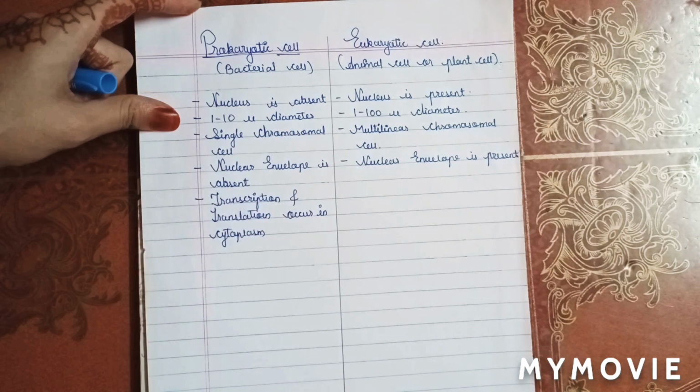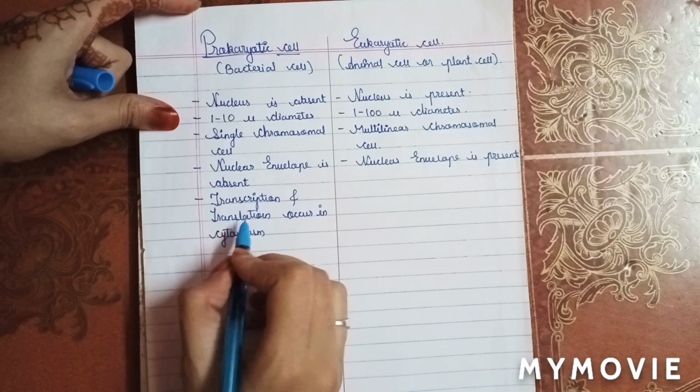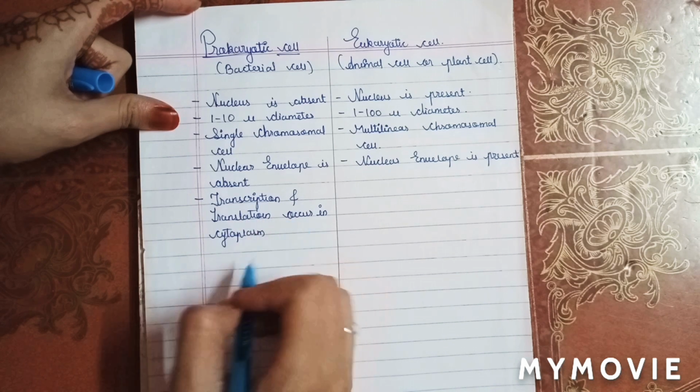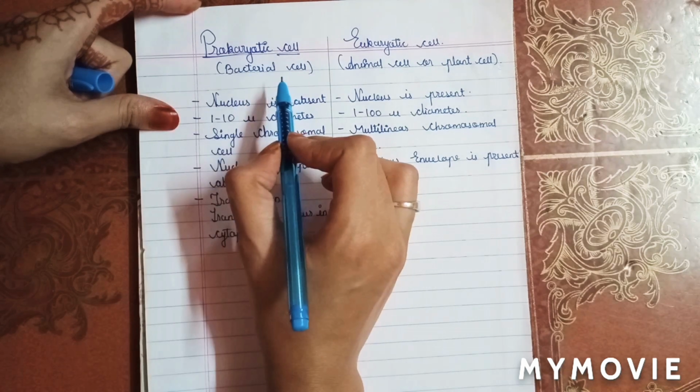Nucleus absent means all the nuclear material is suspended in the cytoplasm, so the transcription and translation process occur in the cytoplasm in case of prokaryotic cell.